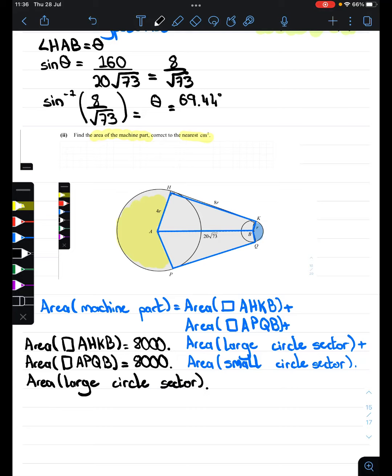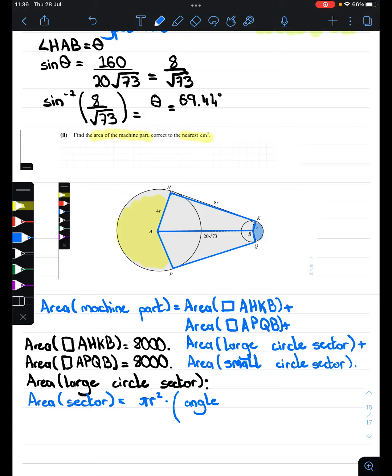How do we calculate the area of a circle sector? Well, we have a nice formula for this. The area of a sector is pi r squared by the angle over 360.